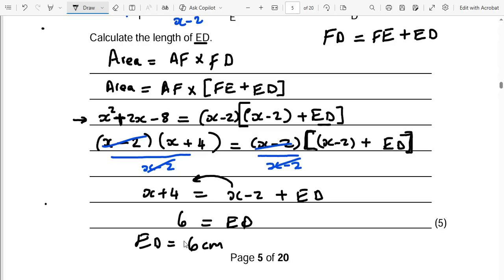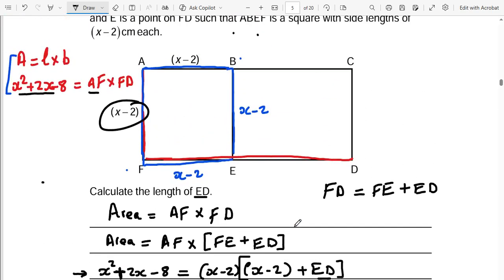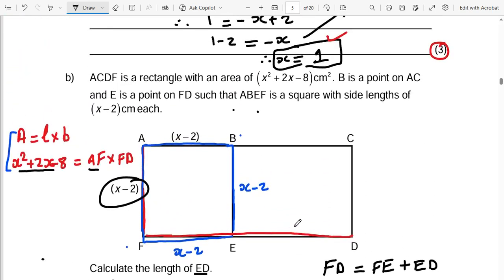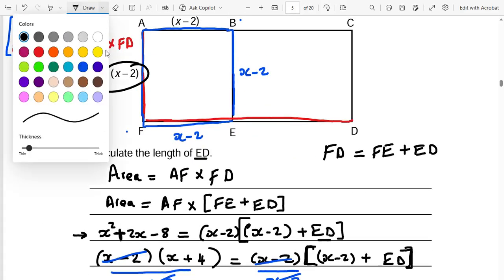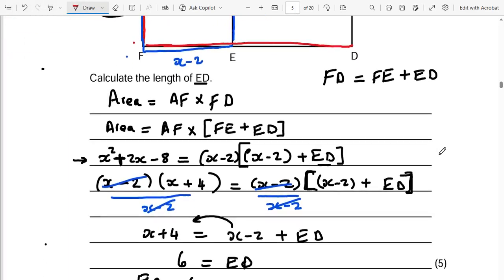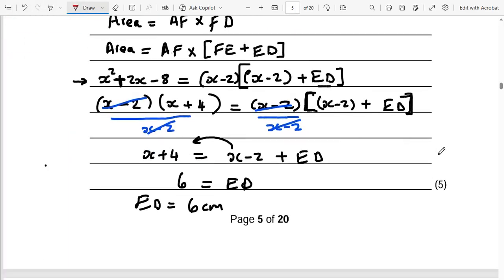I think this was an easy question, but you see this type of question, I know that they change every year. When you get to this type of question, I just want to explain something: time management. This is 5 marks. You need to spend about 1 minute for 1 mark, so you should spend 5 minutes.